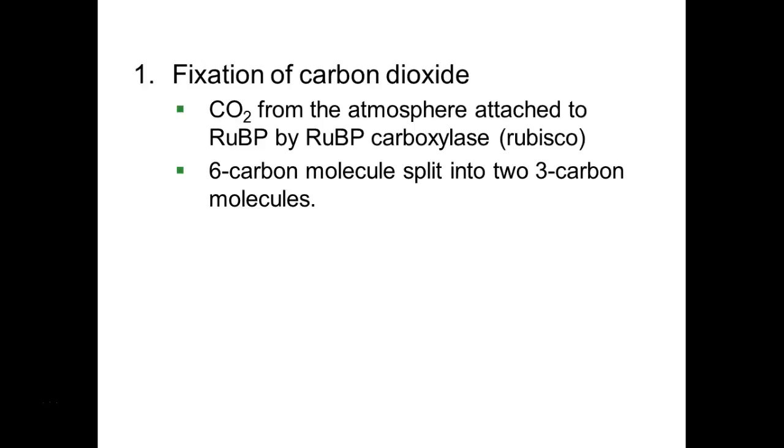The carbon dioxide then diffuses into the chloroplast, and it attaches to RuBP, by an enzyme known as RuBP carboxylase. Its nickname is Rubisco. This 6-carbon molecule, 1 carbon dioxide and 5 carbons in RuBP, that makes a 6-carbon molecule, is very quickly split into 2 3-carbon molecules.